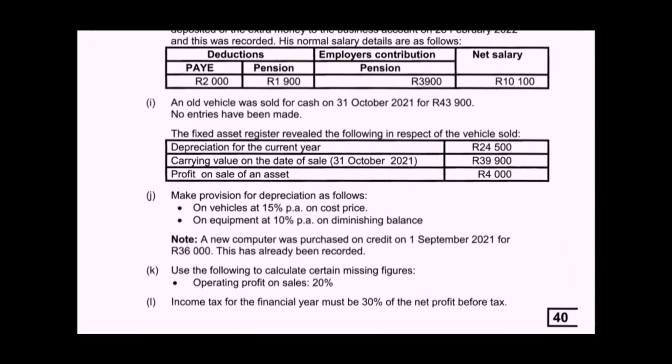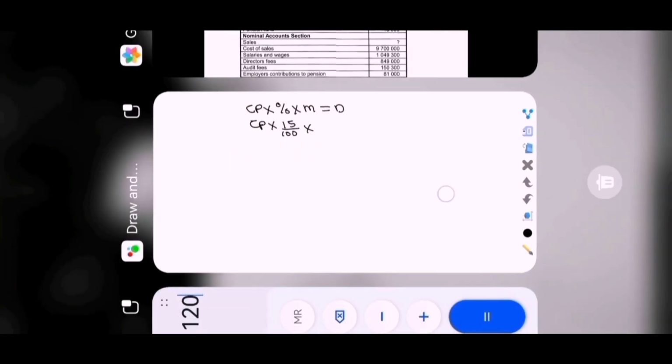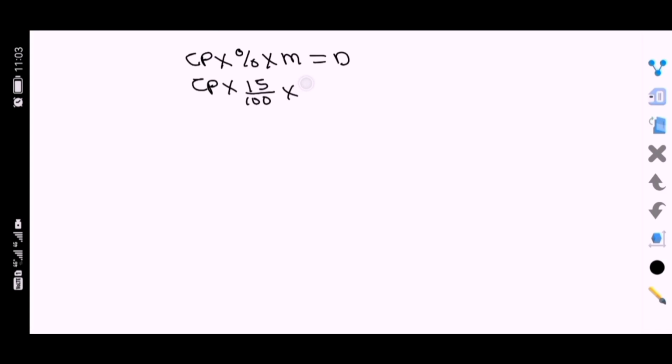We sold it on 31 October 2021, and our year ends 28 February 2022, meaning it begins 1 March. So March, April, May, June, July, August, September, October. We had it for 8 months before we sold it.